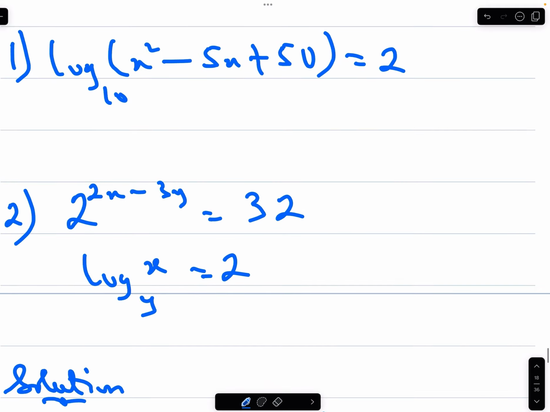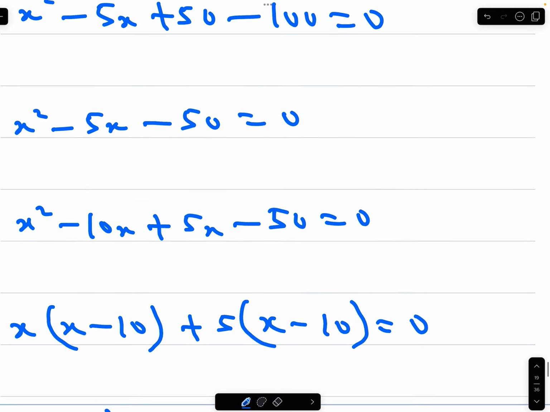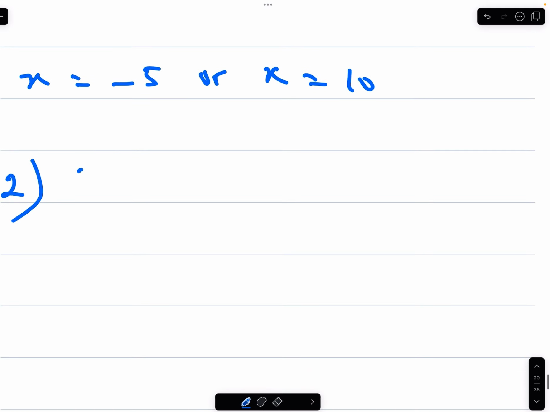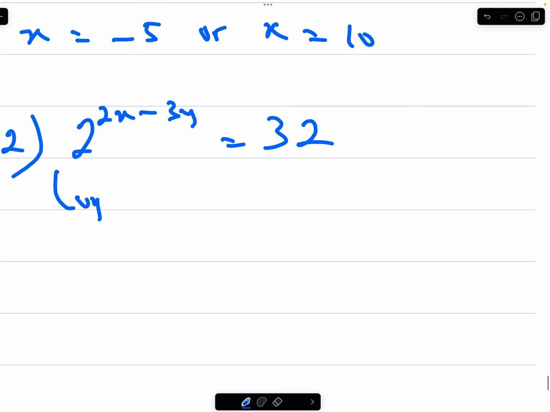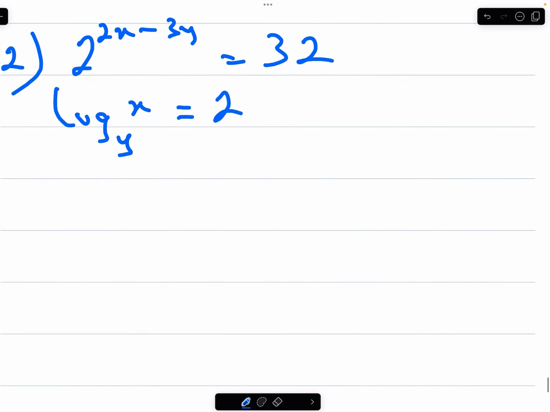What does that say? 2 raised to power 2x minus 3y equals 32. These are actually simultaneous equations: 2 raised to power 2x minus 3y equals 32 and log x base y equals 2. Find the values of x and y. What do we do here?